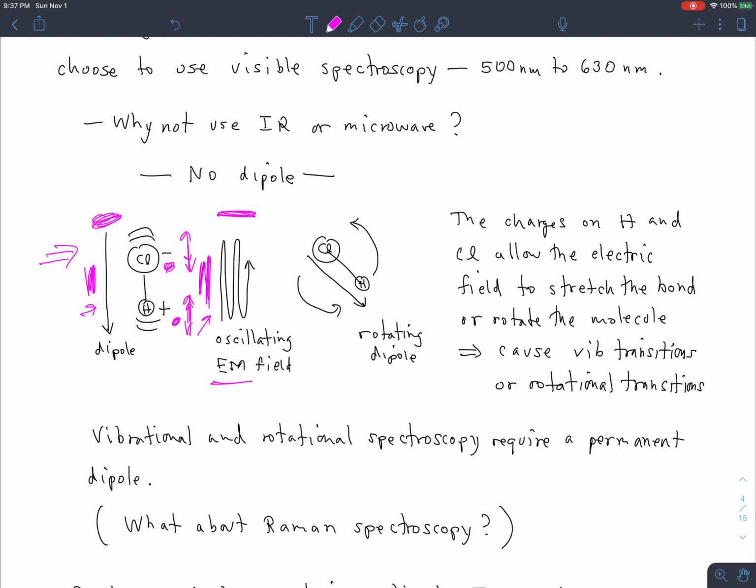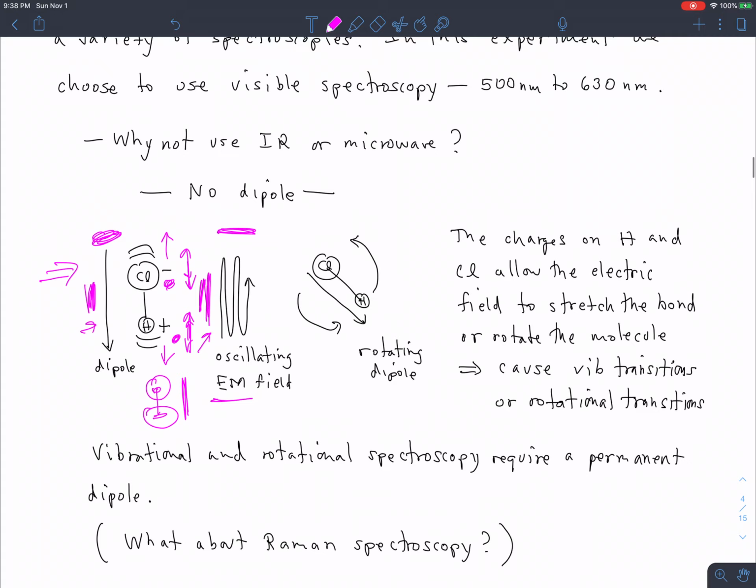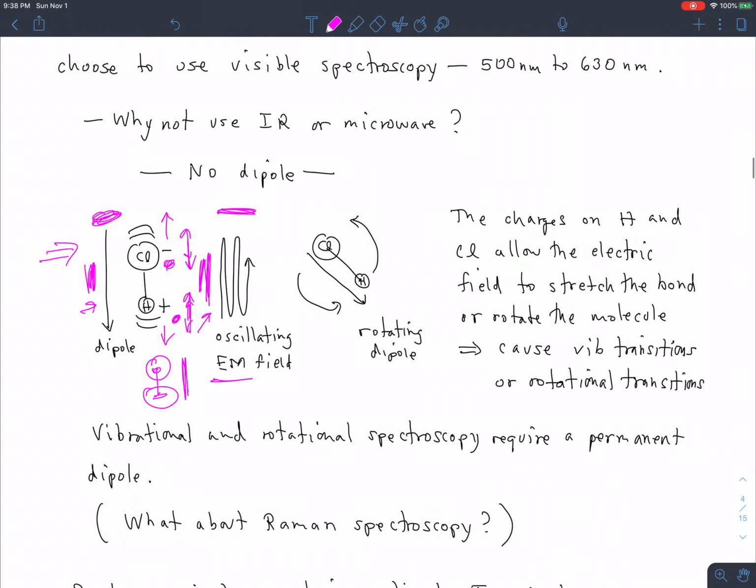So what the electromagnetic field is working on is pushing in one direction on the minus sign, and in the opposite direction on the plus sign. If both atoms are the same, there's no net charge, and you just don't get any revving up due to the incoming light. You don't induce a transition without that dipole moment.